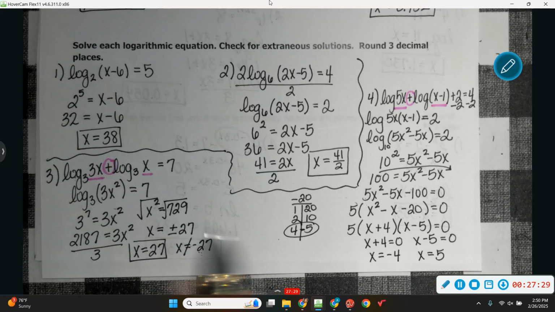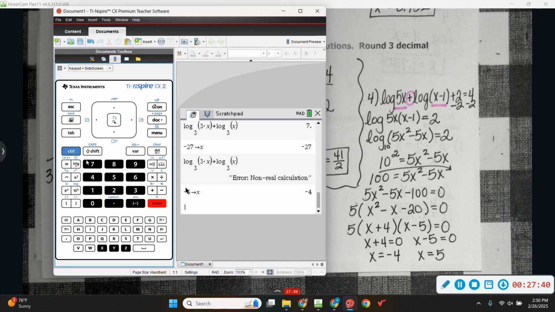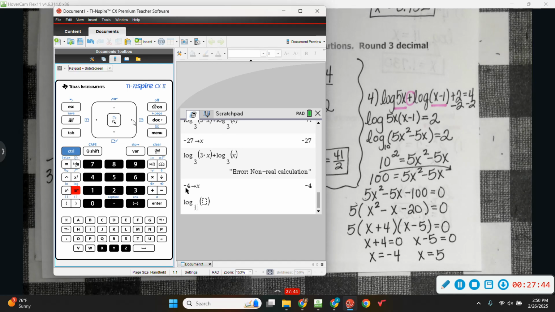So when I check these, I'm going to take negative 4, store for x, and I'm going to have my log, I don't need to put the 10, log of 5x plus my log of x minus 1 plus 2.